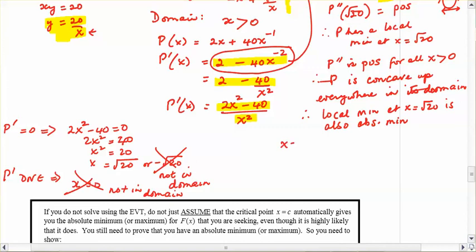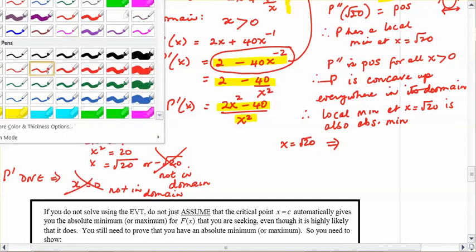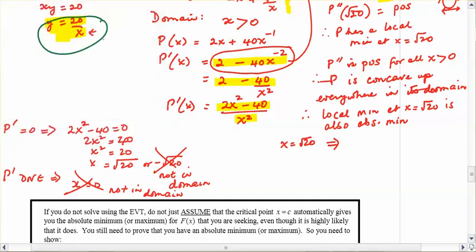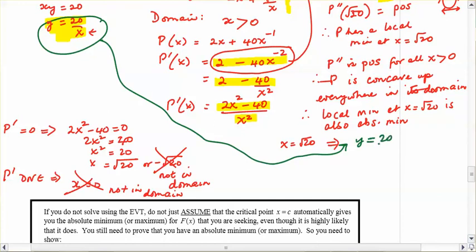If x equals root 20, since y is 20 over, sorry, no, it's 20 over x, not 20 over root x. So it's 20 over root 20.